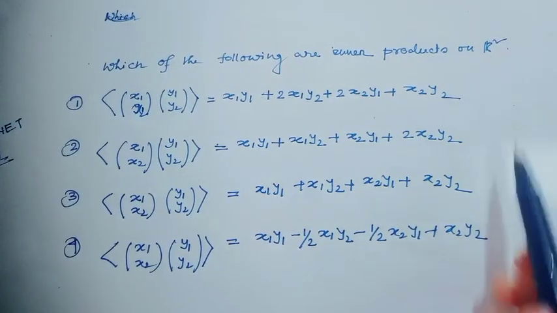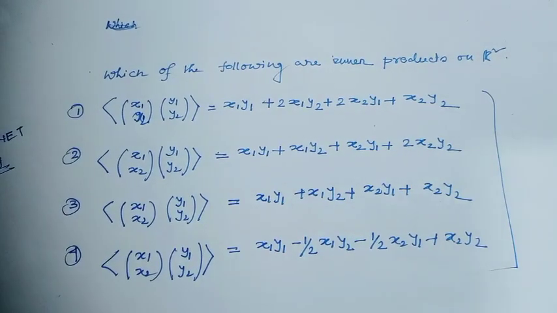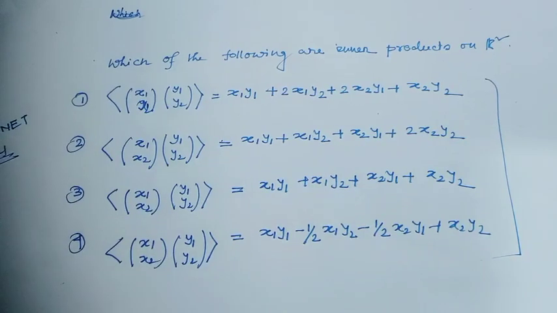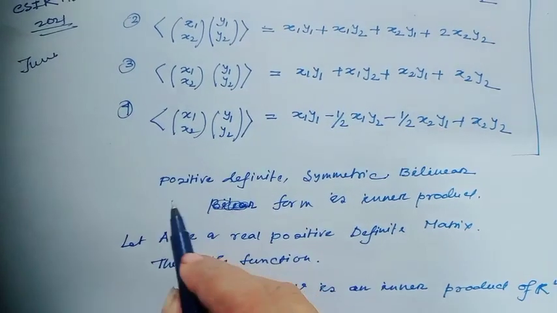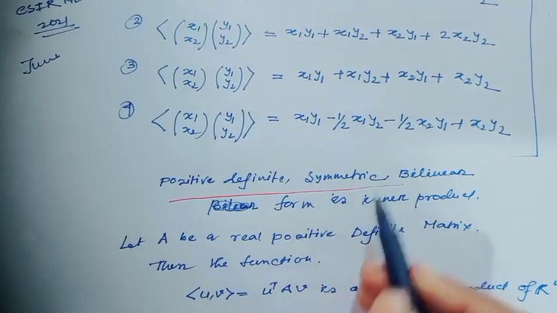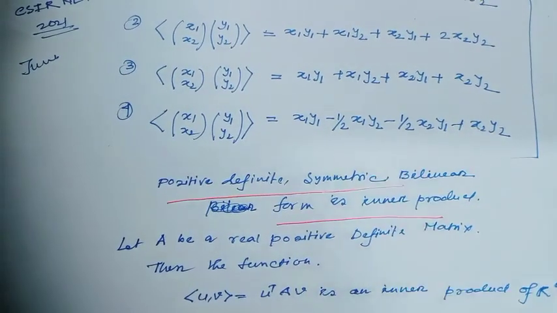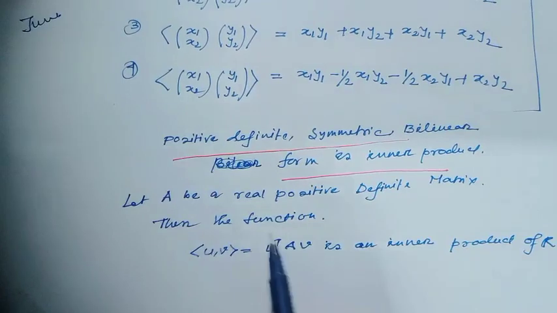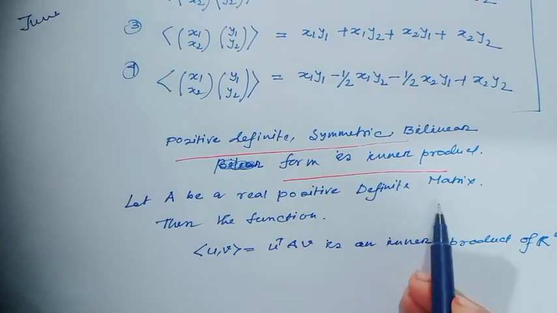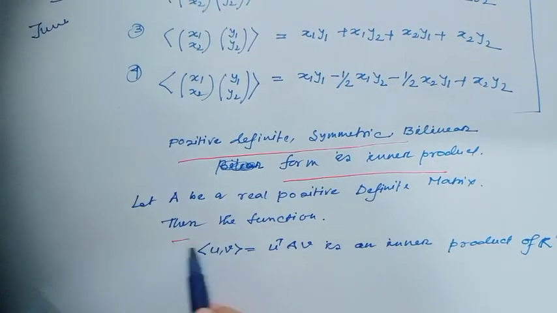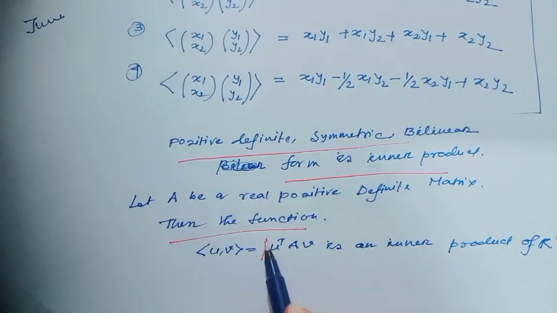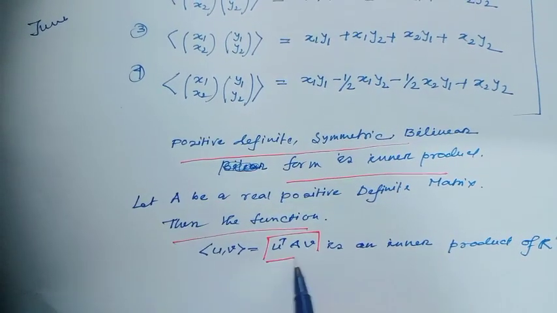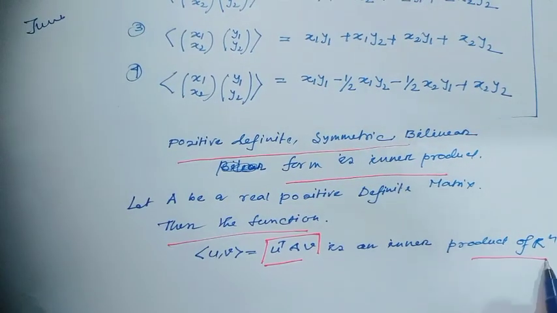Here we have to find which of these is an inner product. All of us know a positive definite symmetric bilinear form is an inner product, and if A is a real positive definite matrix, then the function inner product of U, V equal to U transpose A V is an inner product on Rn.